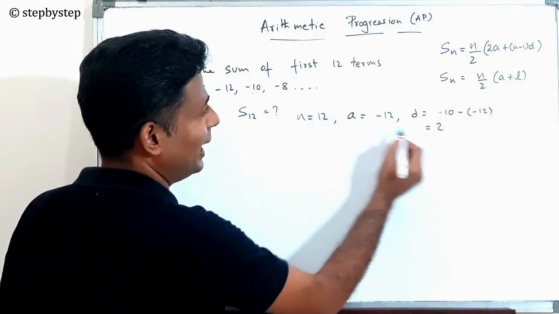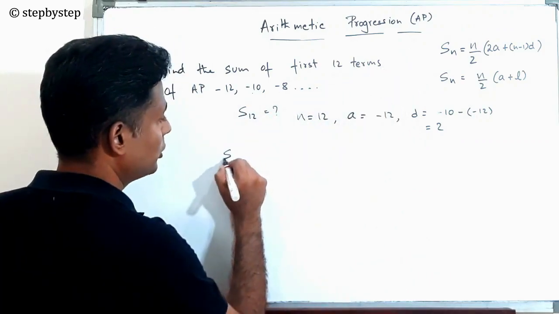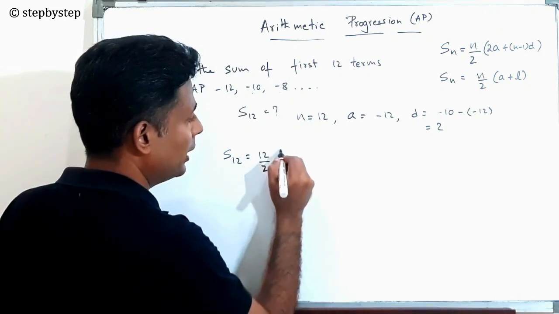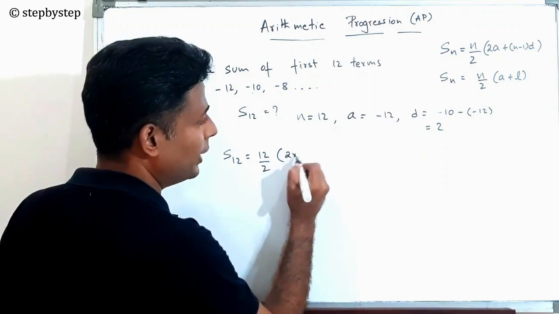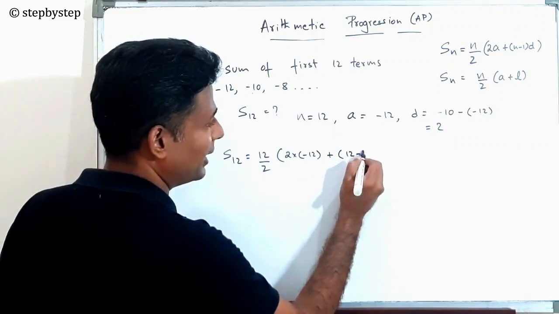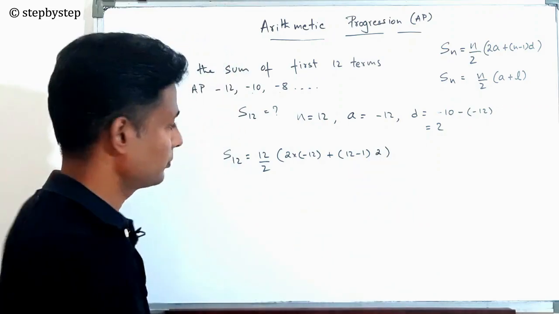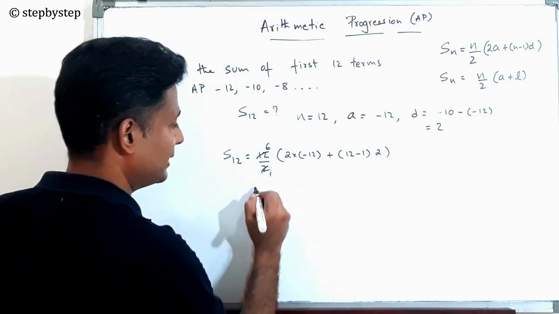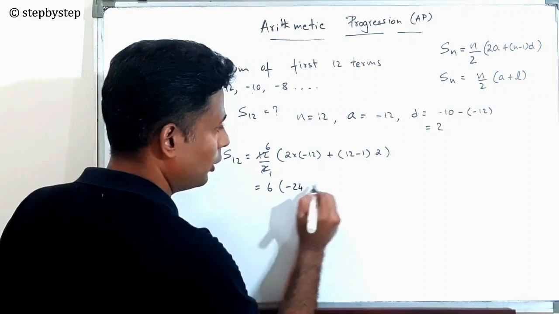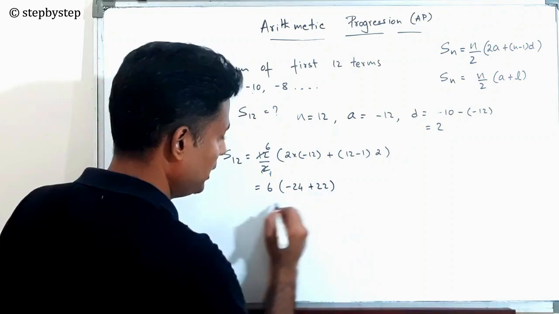Right? So now we know n, a and d. We can find S_12 using that formula. So what will be S_12? n by 2, that is 12 by 2, into 2a, that is 2 into minus 12, plus n minus 1, that is 12 minus 1, into d, that is 2. 2 sixes are 12, so we have 6, and we get 2 into minus 12 is minus 24, 12 minus 1 is 11, 11 into 2 is plus 22.